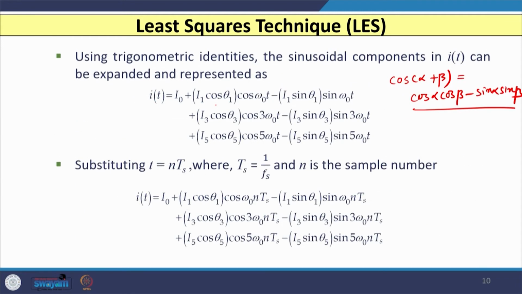If I extend using this, then we have I t, that is the DC term I 0 plus I 1 cos theta 1 into cos omega 0 t minus I 1 sin theta 1 into sin omega 0 t.